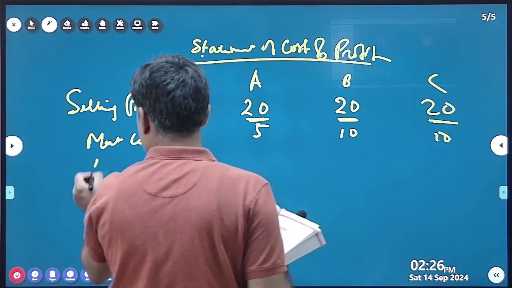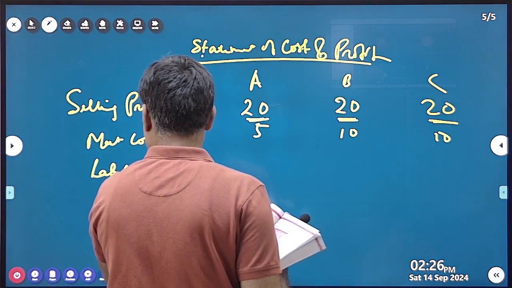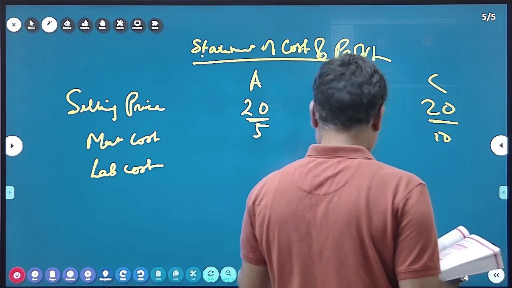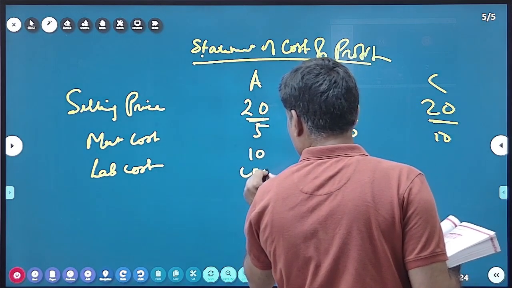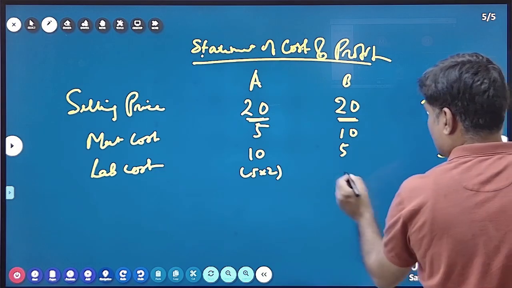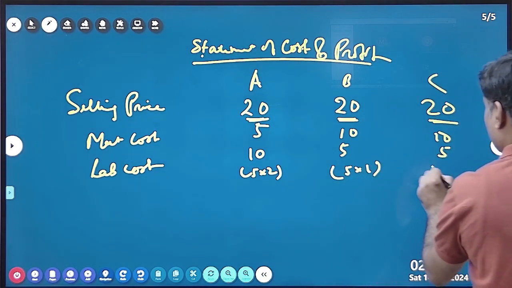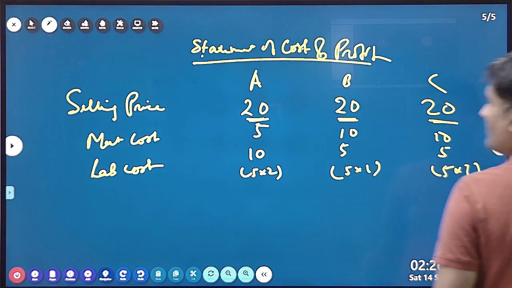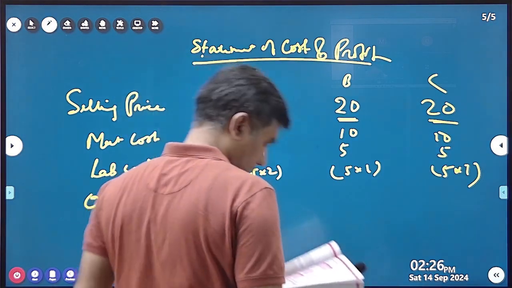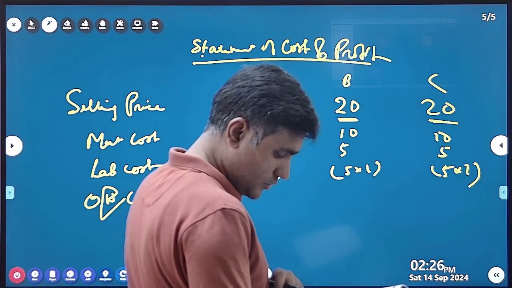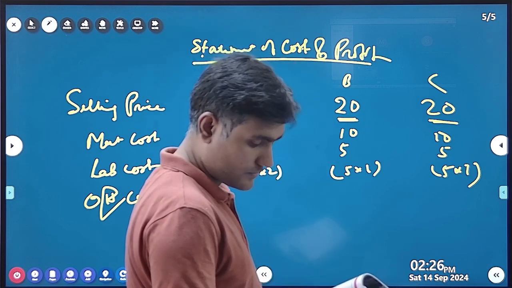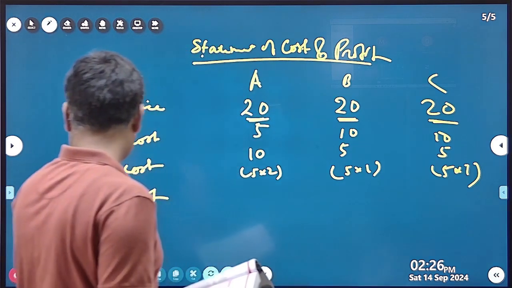Then labor cost is how much? 2 hours, 5, 10 rupees, no? 5 into 2, 5 rupees and 5 rupees. 5 into 1, 5 into 1. Overhead cost is how much? 2.84, right? So overhead rate will be different from previous.